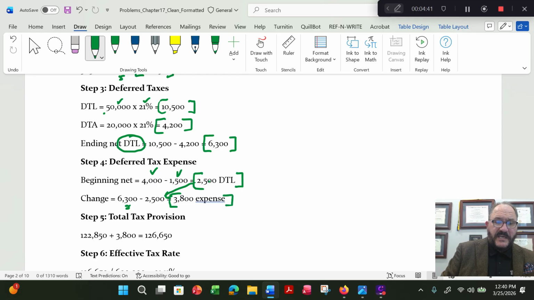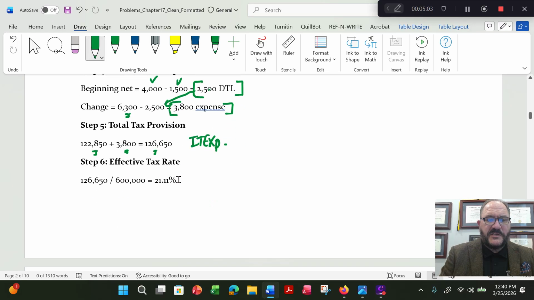So for the total tax provision, you're going to have $122,850, which is what we calculated, plus that deferred tax expense, for a total tax provision of $126,650. This is going to be your income tax expense. Okay?